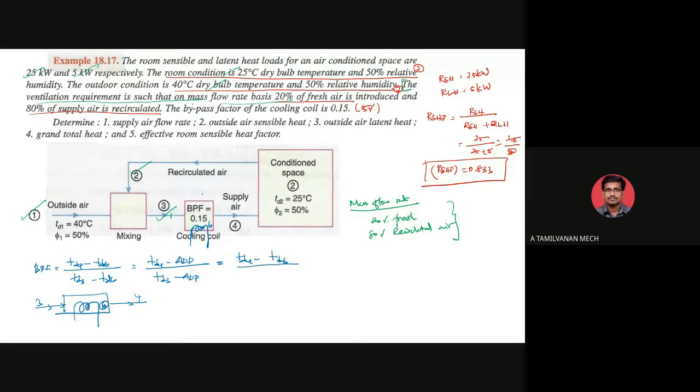From the psychrometric chart, TD3 is equal to 28.3, approximately. So the bypass factor, given in the problem, is 0.15, with 28.3 minus TD6 in the denominator. How can we find points 4 and 6 in the psychrometric chart? What is the exact procedure to solve this?